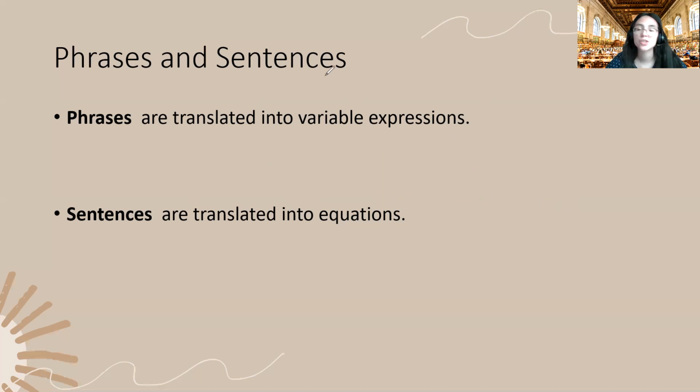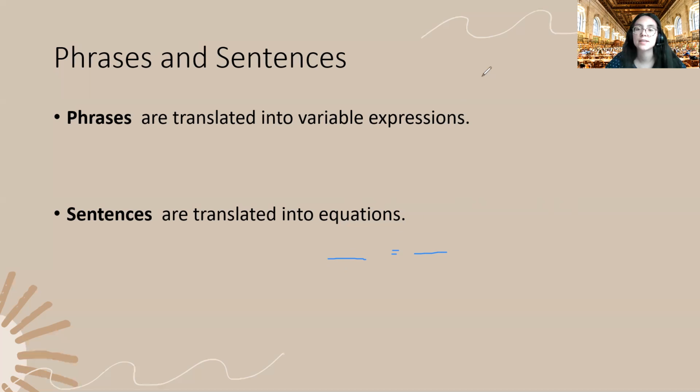So equations are just variable expressions with an equal sign in the middle. Let me go ahead and demonstrate this for you. An equation is going to be a variable expression on the left-hand side and on the right. So we're going to have a variable expression here and a variable expression here, and we're going to separate them in the middle with an equal sign.